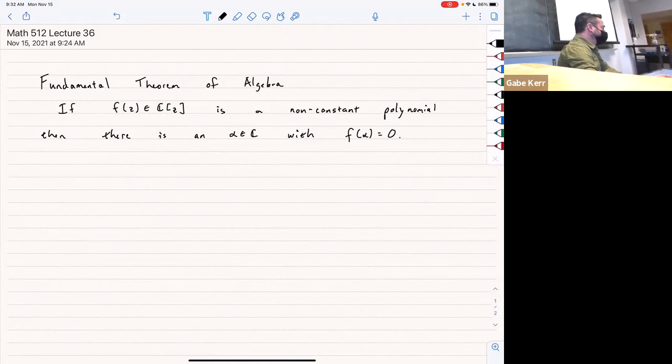So the history of this is pretty long. People thought this was true for a while, and I think the first proof where people said, okay, it's proven was with Gauss. Gauss was quite sloppy, kind of. He didn't seem to care about proving.